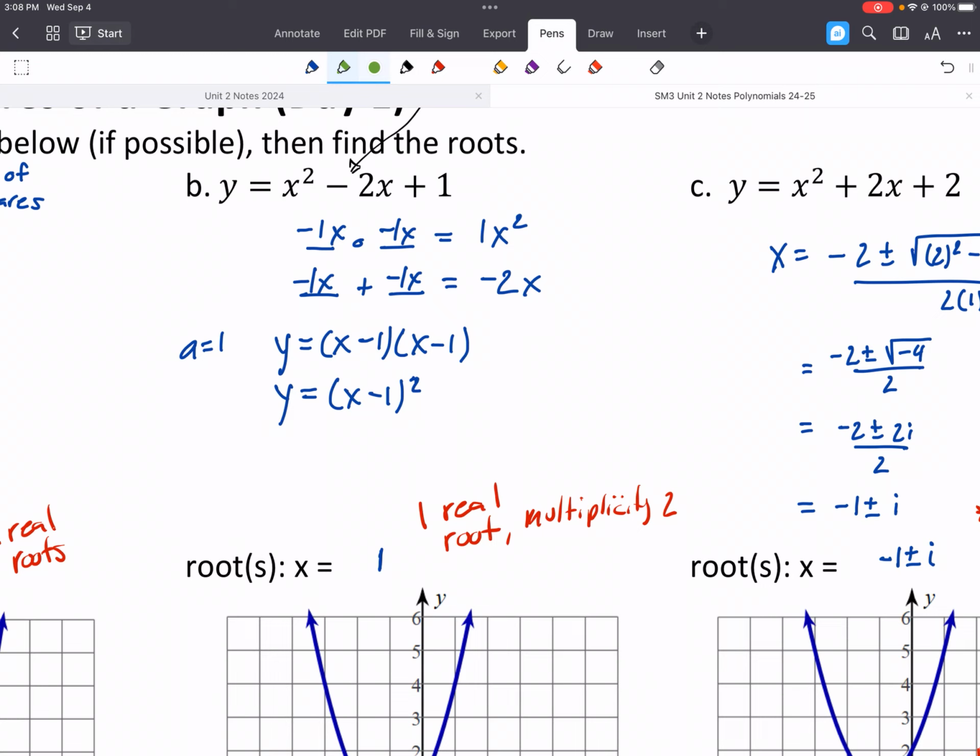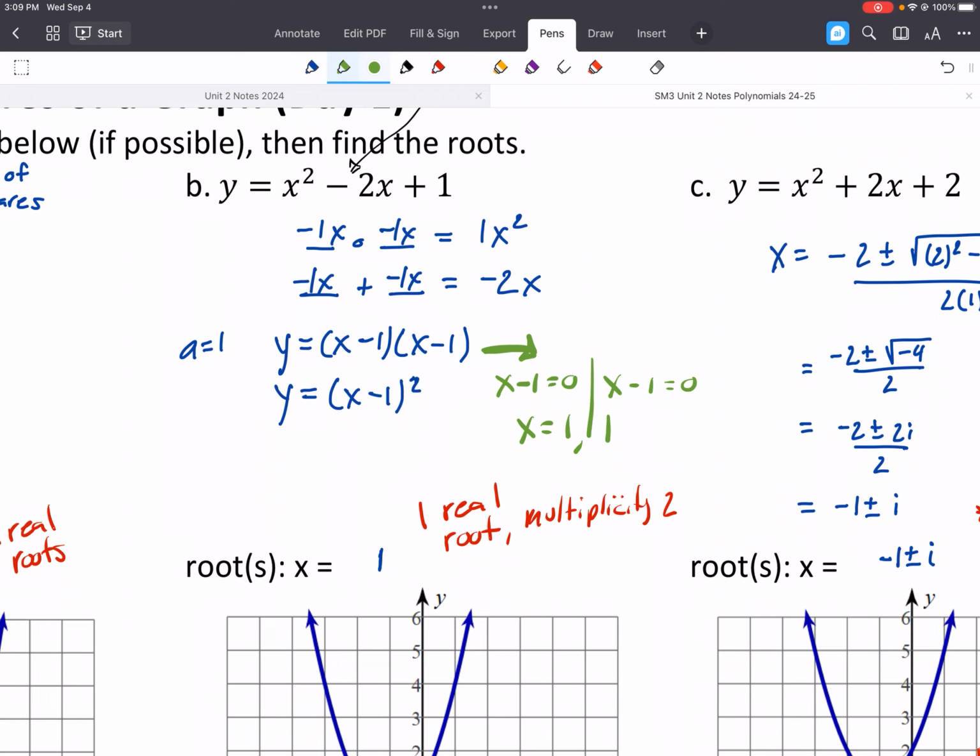So going from this point, if we set each of those equal to 0, we end up getting x equals 1 and 1. So this is called multiplicity, meaning we have multiple roots that are the same.